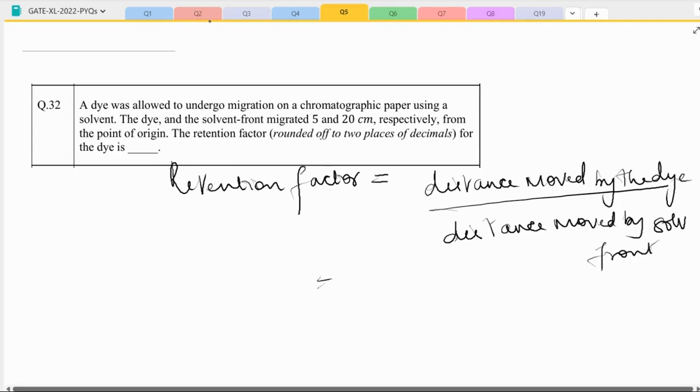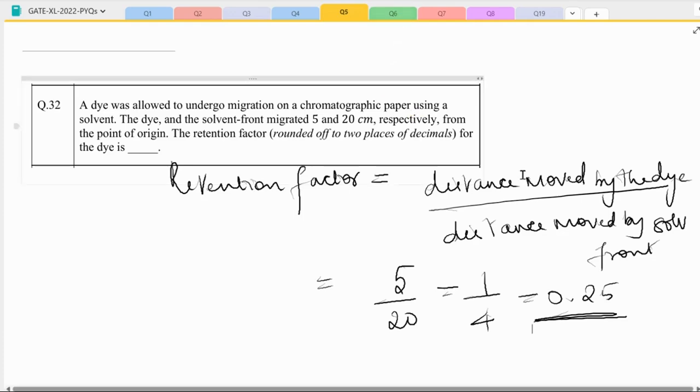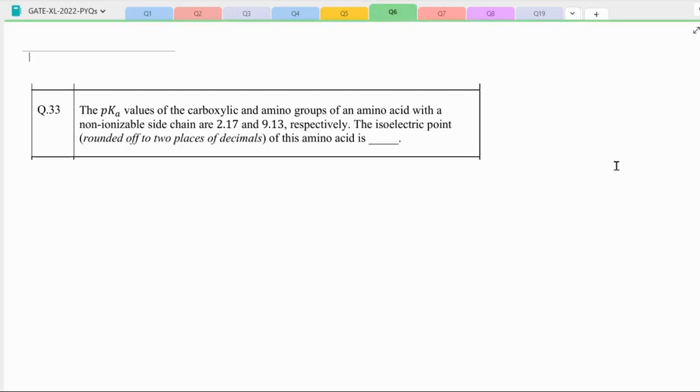So substituting these values, you will get 5 by 20, which is 1 by 4, which is 0.25. Very simple question. So the retention factor here is 0.25. If you just know this formula, then it's a very easy question. Moving on to the next question.